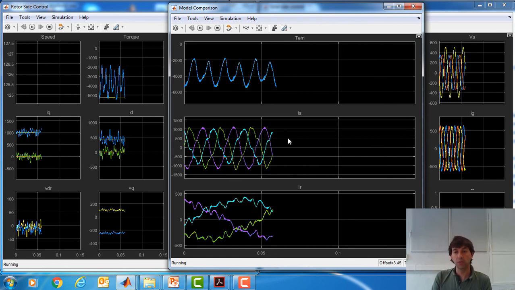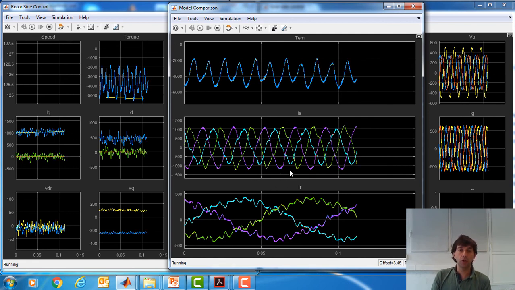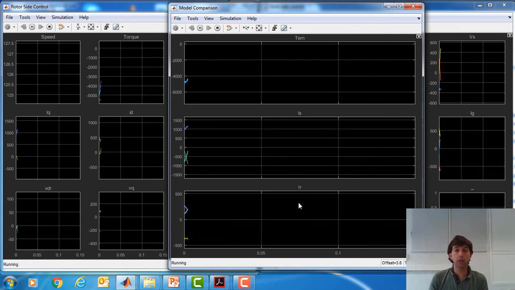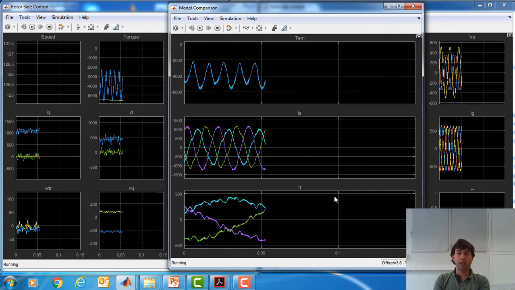We see how the torque is oscillating due to the voltage dip. The stator currents are deteriorated and the rotor currents are also deteriorated, but from the model point of view, both models are working equivalently.